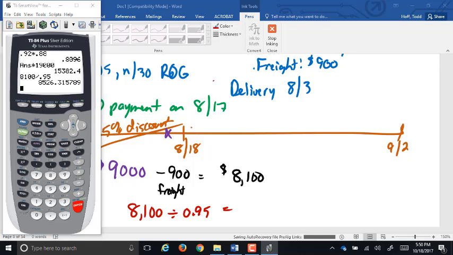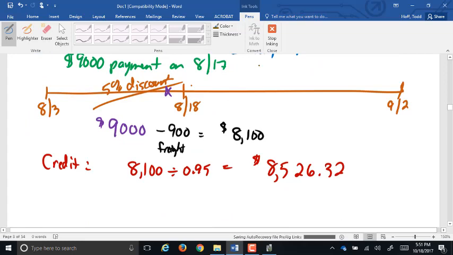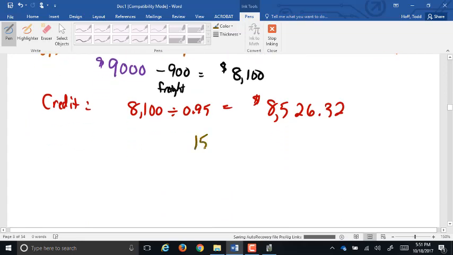Gives us 85.2632. That is the amount that gets credited to the invoice. So that means we take our invoice amount of $15,382.40. That's the amount from the invoice.